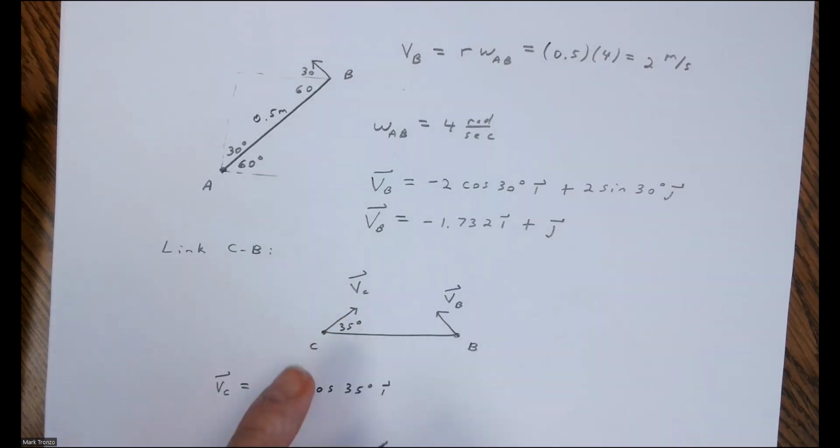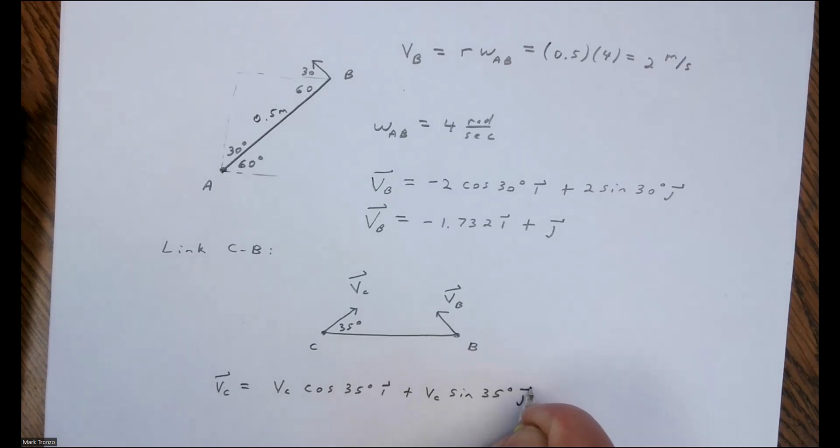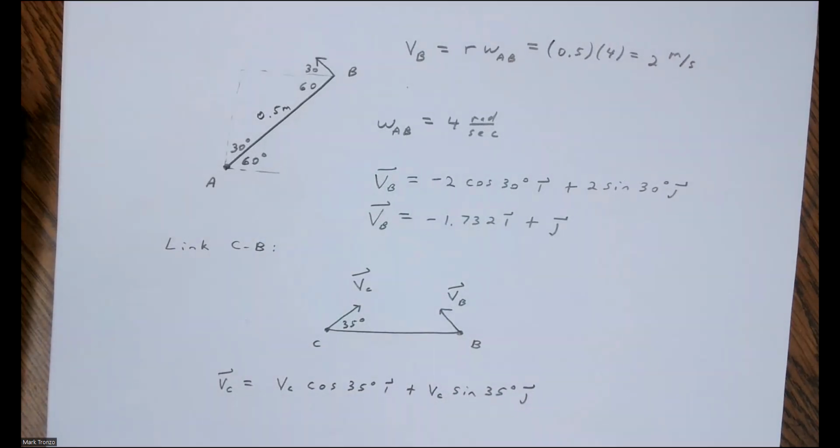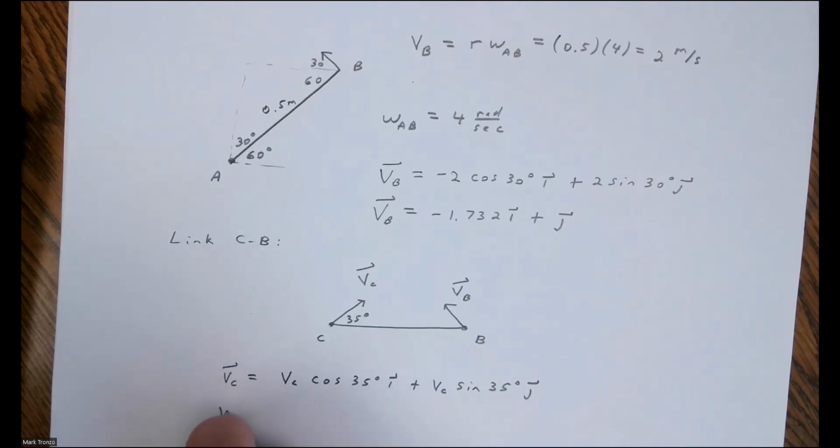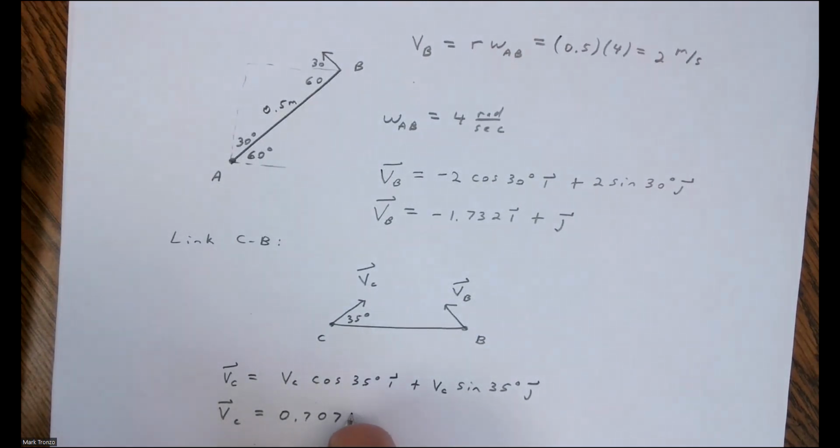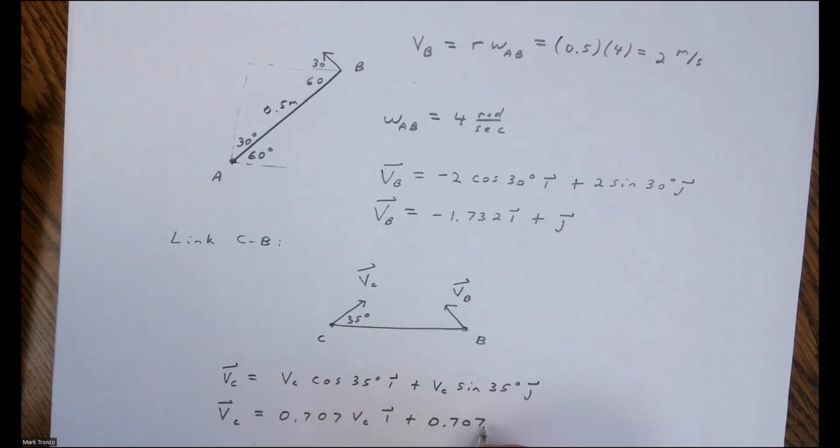That's going to be positive in the x direction. And then VC sine 35, and that's going to be going in the j direction. If you put these into your calculator, you will get 0.707 VC i plus 0.707 VC j, like this.